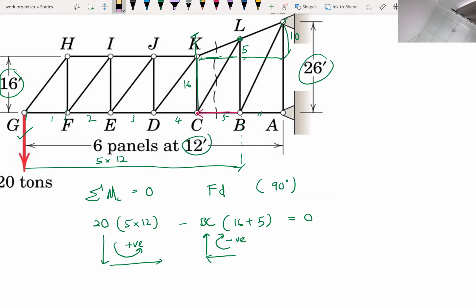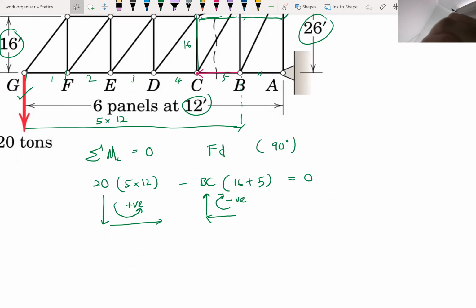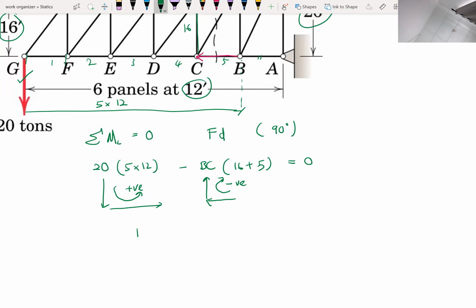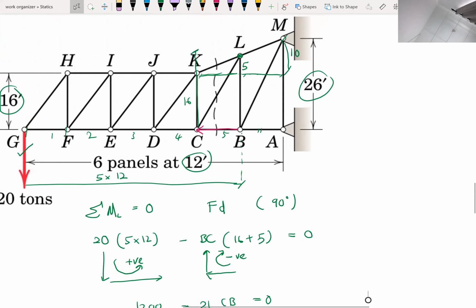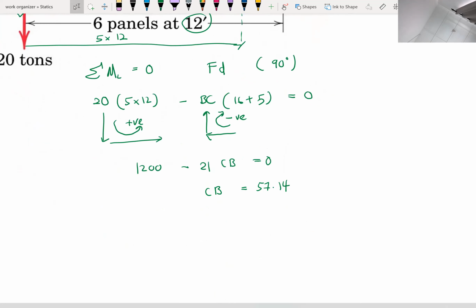Now we can calculate BC. We get 1200 minus 21 BC equal to 0. So BC is equal to 57.14. Now we have settled BC. Now we have to calculate KL and CL.